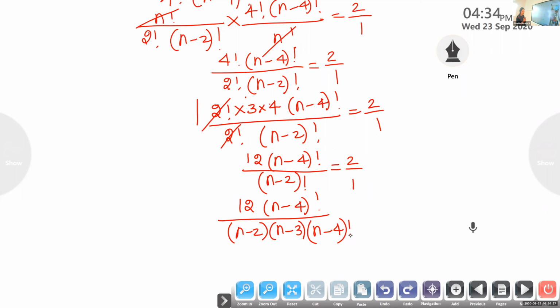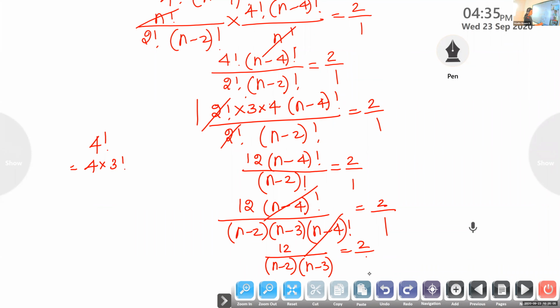For example, 4 factorial is 4 into 3 factorial; similarly, n minus 2 reduced by 1 is n minus 3, and again by 1 gives n minus 4 factorial. Now the (n minus 4) factorial terms cancel, and we get 12 by (n minus 2) into (n minus 3) is 2 by 1.